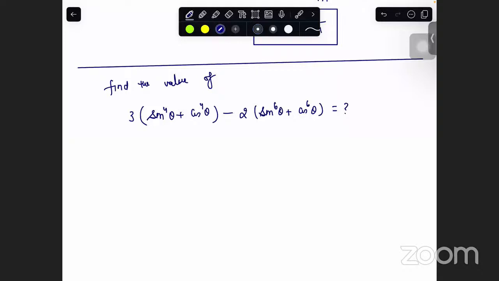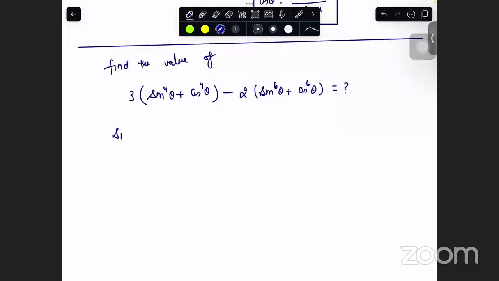Now see, I have an identity that is sine square theta plus cos square theta is 1. If you square both sides, sine square theta plus cos square theta whole square is 1.